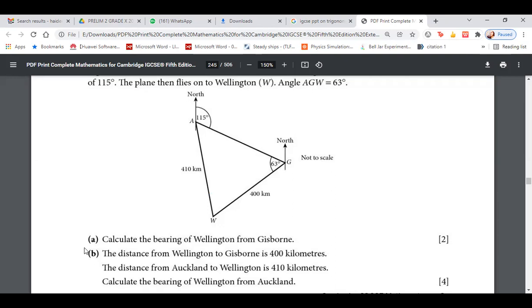Why cosine? See, in cosine we studied when to use it. One of the conditions was two sides and the included angle. So here two sides are given, and if this included angle would have been given, then we could have gone for cosine first. Okay. Got it? Yes, sir.